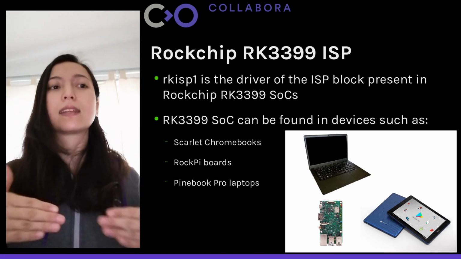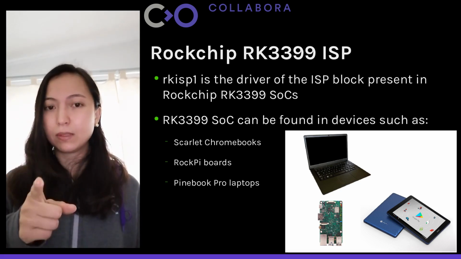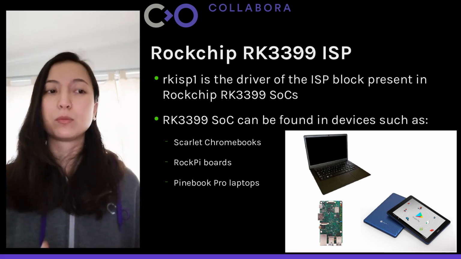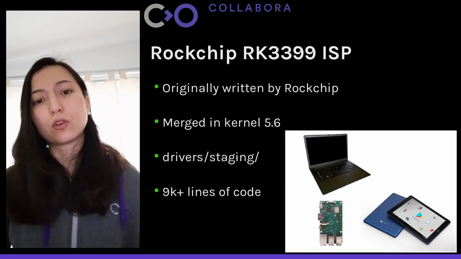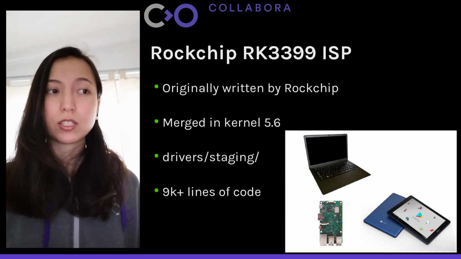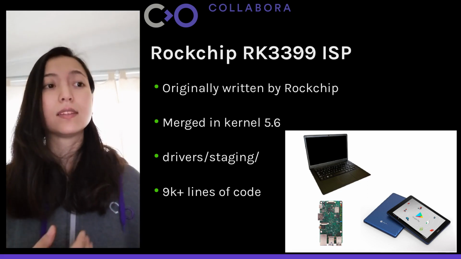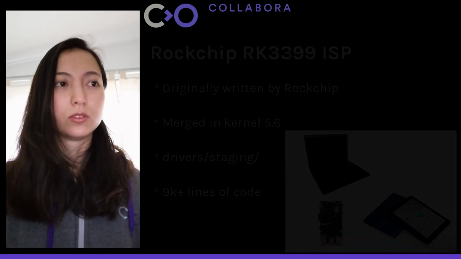These SoCs can be found in several devices, such as the Scarlett Chromebooks, which is the tablet in the image, RockPi boards, or Pinebook Pro laptops. The driver was originally written by Rockchip. It was merged in kernel 5.6 under drivers staging with more than 9,000 lines of code.